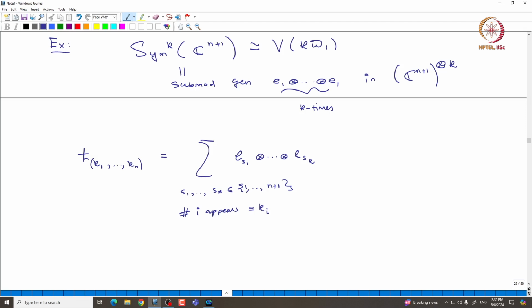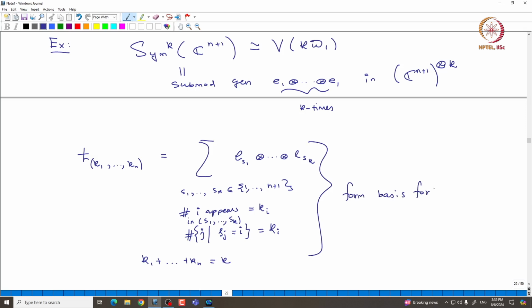That means the number of j such that s_j equals i is exactly k_i in this tuple s_1 etc. s_k. We have already seen that if we take all these T(k_1, etc., k_n) such that k_1 plus etc. plus k_n is k, these elements form a basis for the symmetric powers.